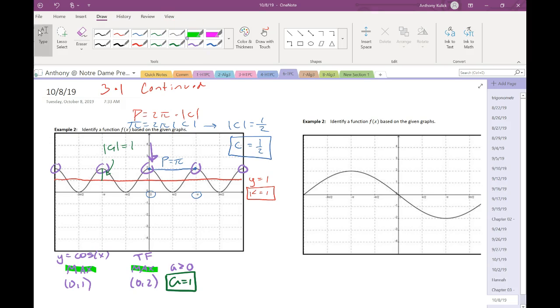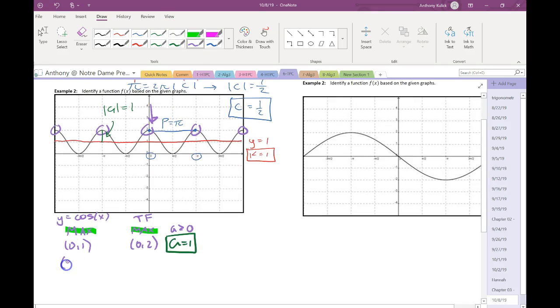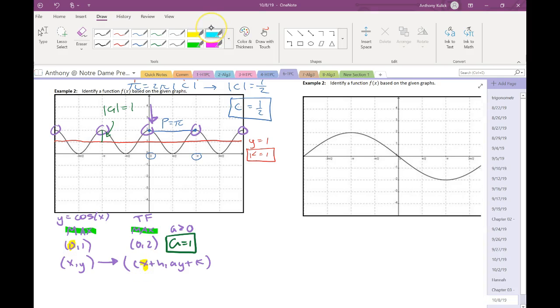And now what I'm going to do is I'm going to remember that to go from a point on my parent function to a transformed point, I do the transformation Cx plus H, Ay plus K. So what that says is that if I take my x coordinate from my parent function and I plug it into that expression, I should get the x coordinate in my transformed function.